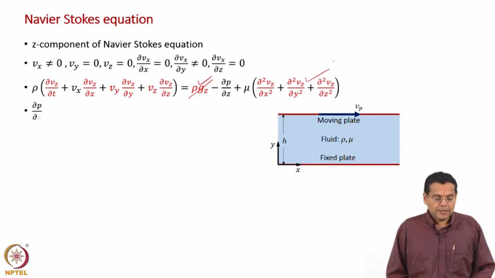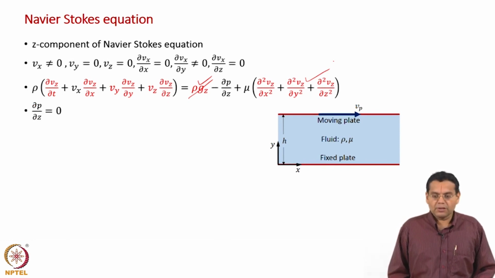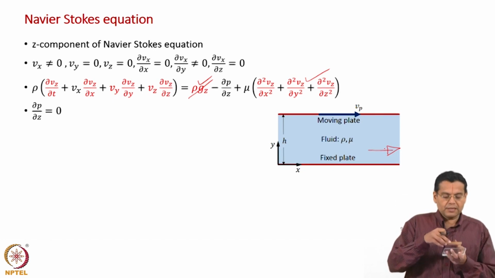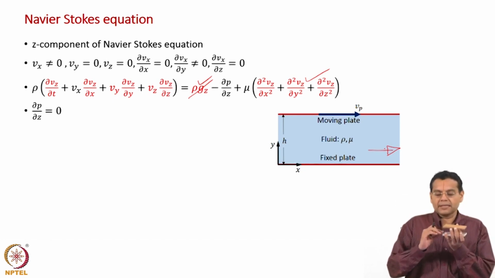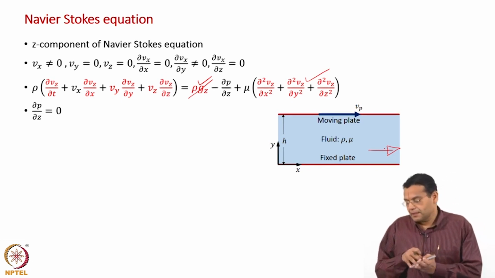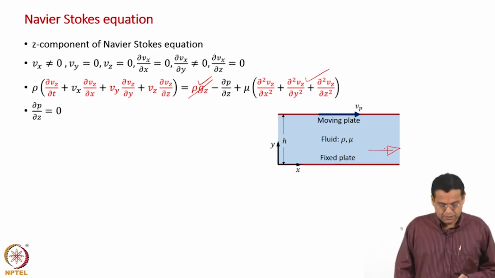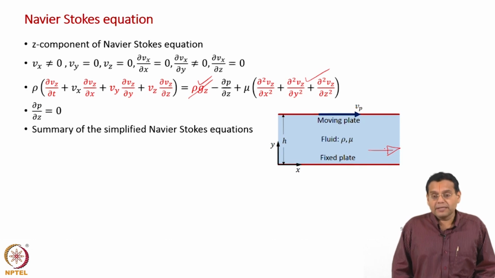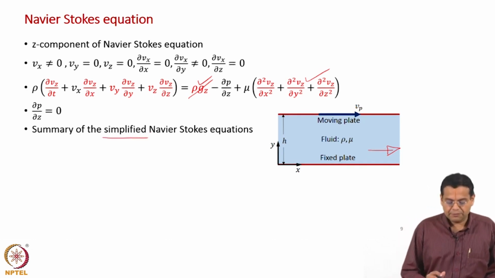So, this gives us that the pressure gradient is 0 along the z direction. So, there is no variation of pressure in the z direction. There is no variation of pressure along the x direction also, because there is no imposed pressure gradient. So, pressure does not vary along the x direction or the z direction, and varies in the y direction because of gravity only.